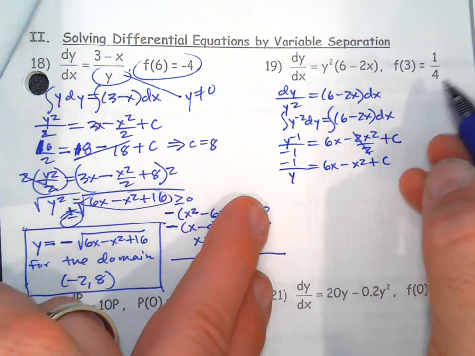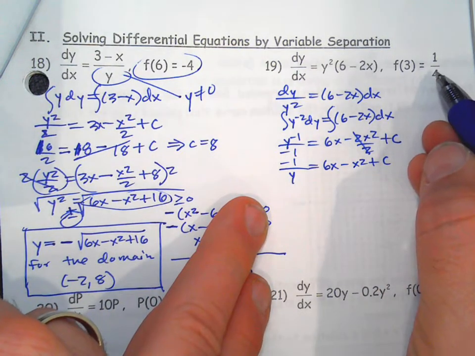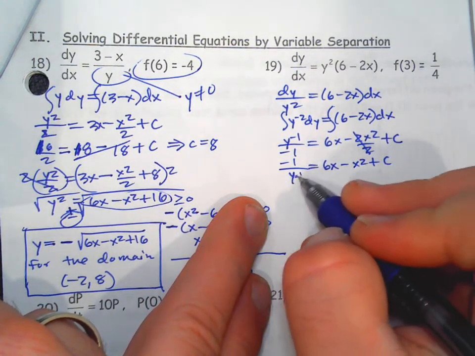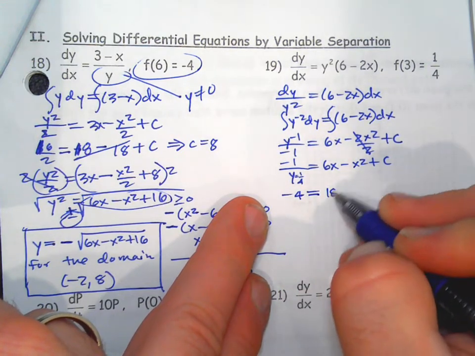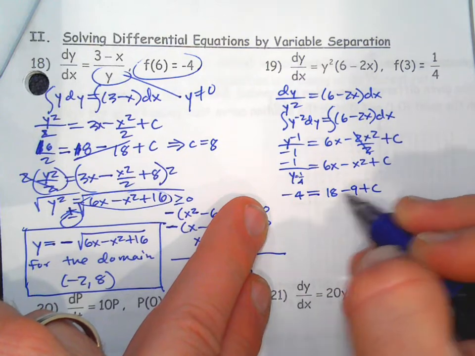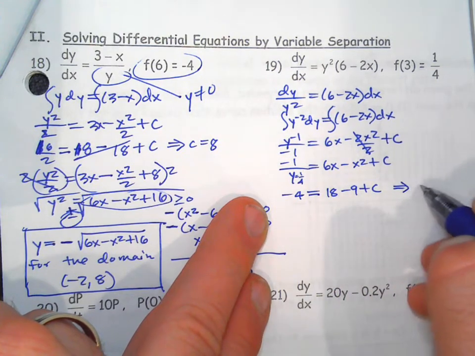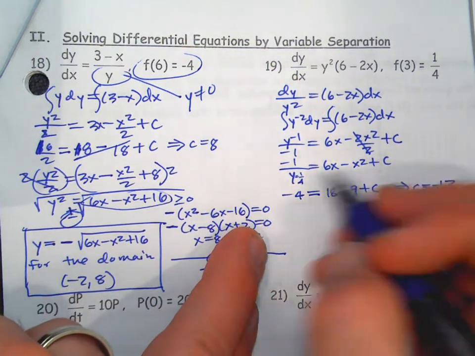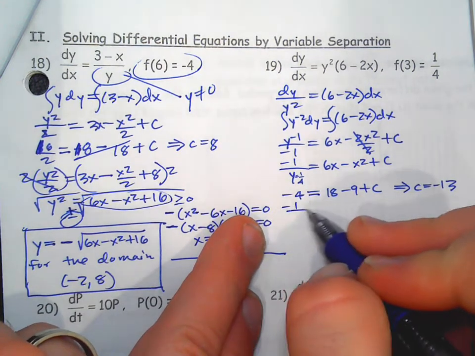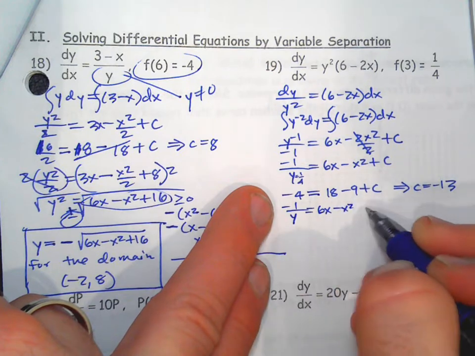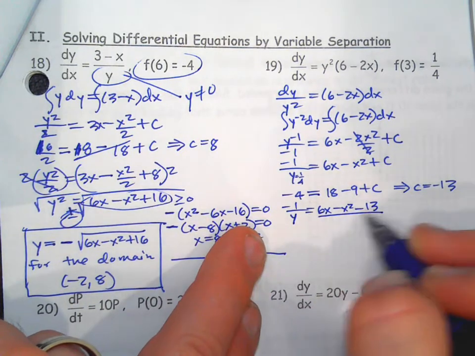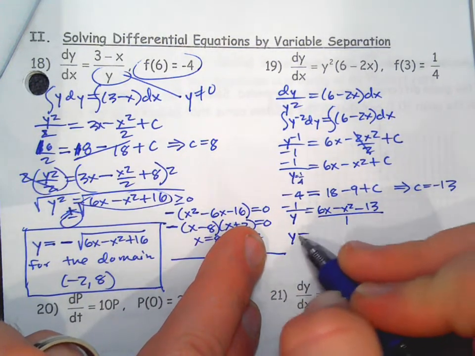And then I'm going to plug in the initial condition. So y equals negative 1/4. So that's going to be negative 4 equals 18 minus 9 plus c. So that's 9. So c equals negative 13. So the answer is going to be negative 1 over y equals 6x minus x squared minus 13. I want to flip both sides upside down and multiply by the negative.